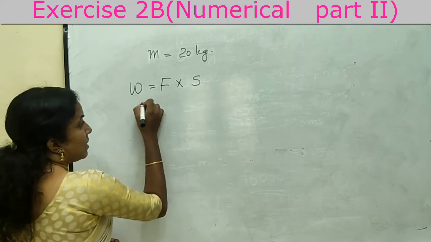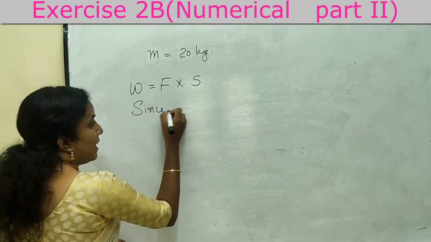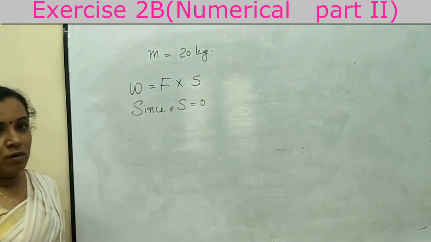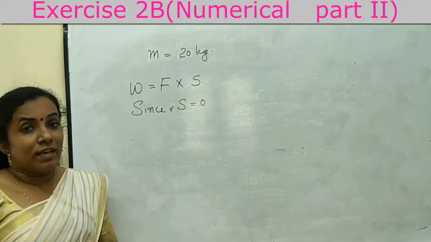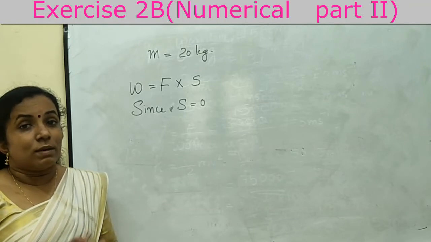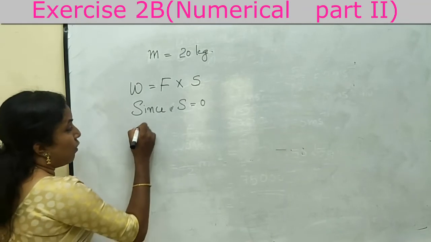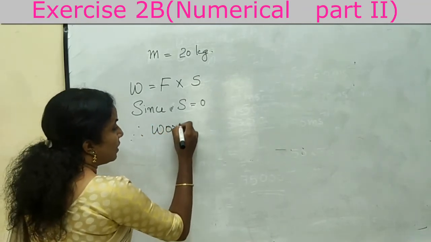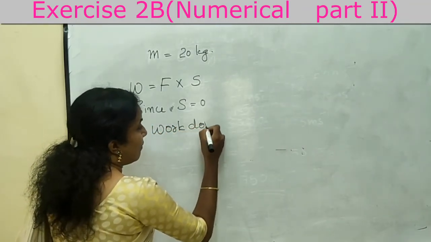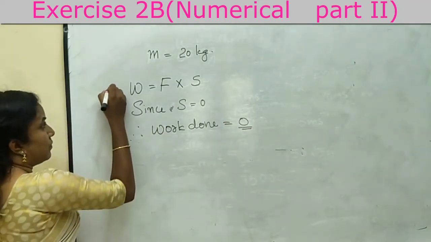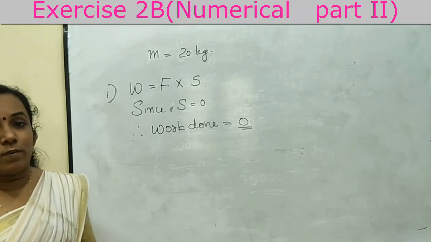Since the displacement of the body is equal to 0, because without moving, the man is waiting with the box. So, displacement is 0. Therefore, work done by the man in this section is 0. The first section is over.